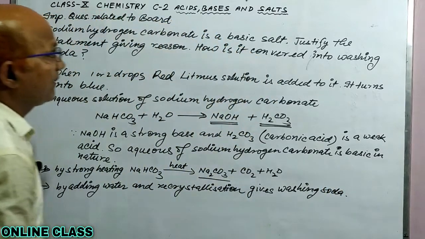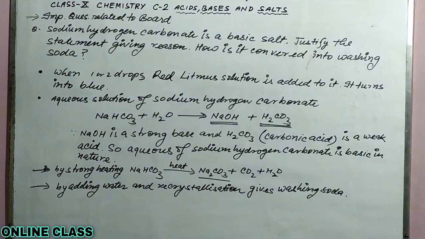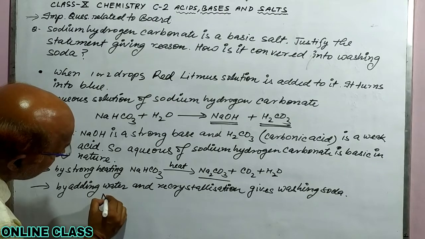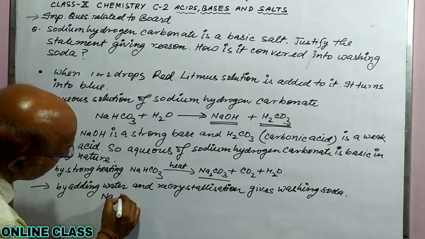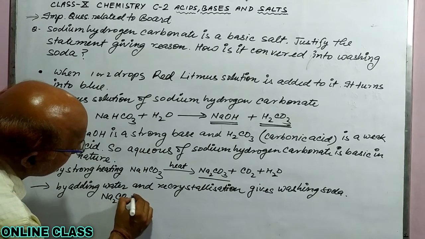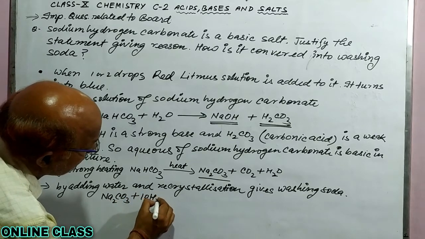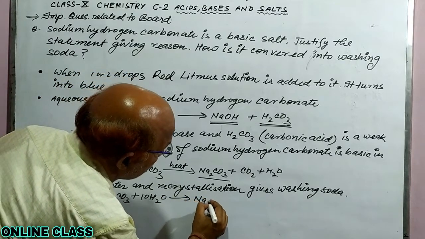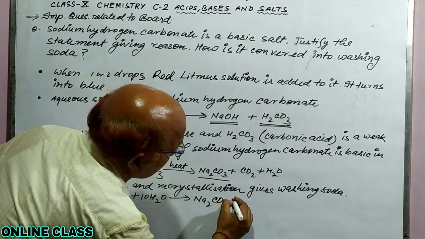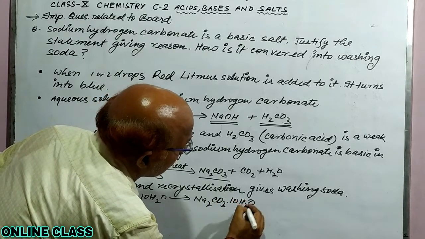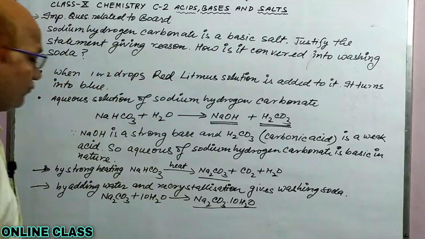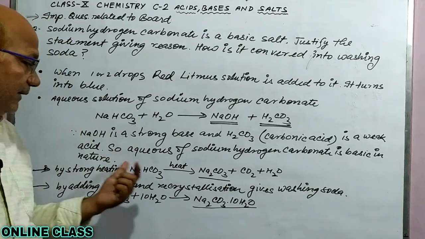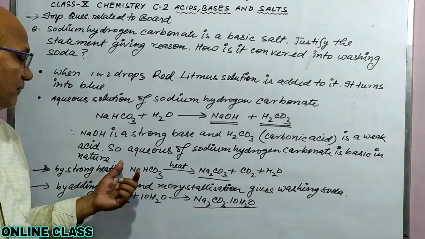Okay? The chemical reaction can be written as Na2CO3 plus 10H2O, it gives Na2CO3 dot 10H2O. This is washing soda. So, first of all, sodium hydrogen carbonate means baking soda.